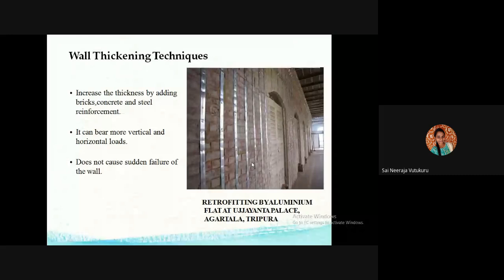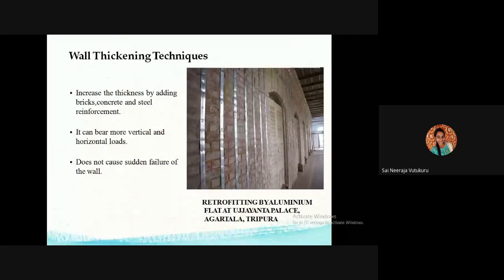By this, we can avoid sudden failure of the wall and increase its strength. Predefined members made according to standards can be placed here, and by this we can increase the wall strength.